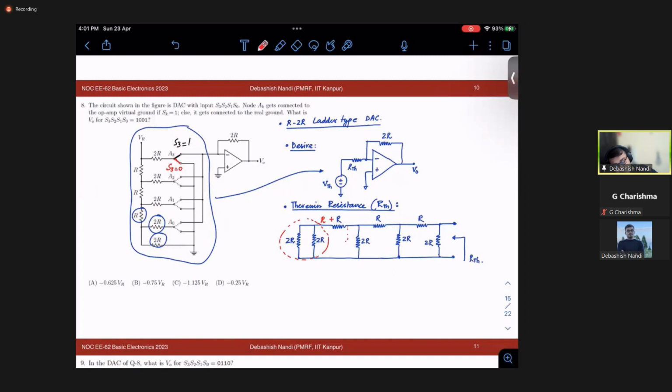There will be again this parallel 2R, so this again will convert to R. Again it will be 2R, then 2R, 2R, R, R, 2R, and finally you will have a resistance 2R in parallel here. Upon solving this, you will get R. So your RTH is nothing but R. It is pretty simple to see, okay?